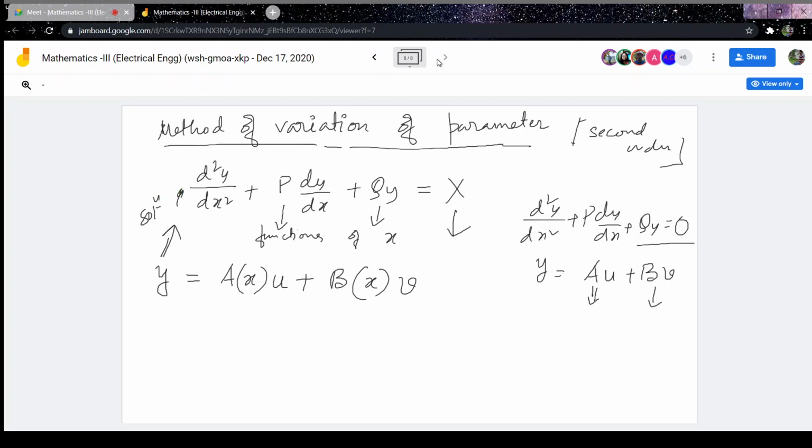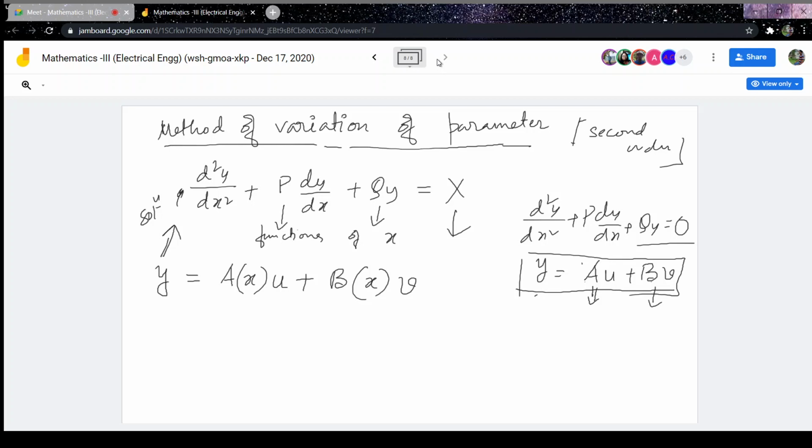That means whenever we find the CF, we then calculate the PI from this equation. Now what I am trying to say is, we have found the complementary function, but unlike previous cases, these A and B are not constants, they are now functions of x.